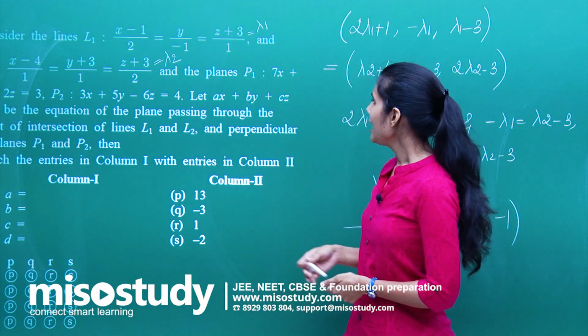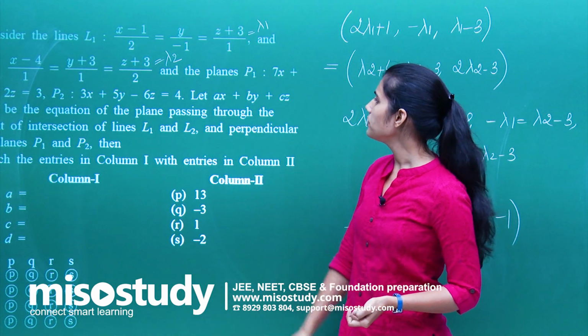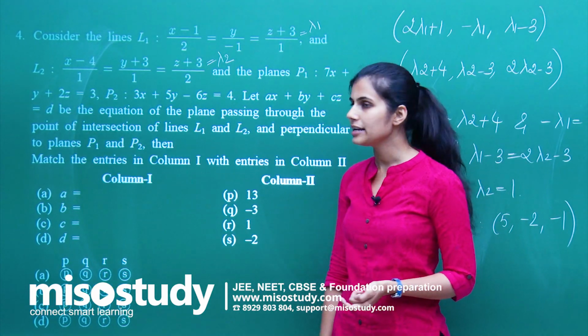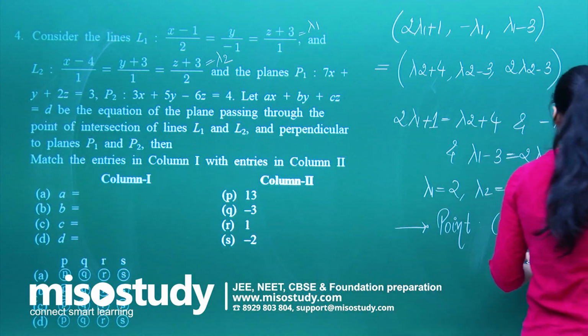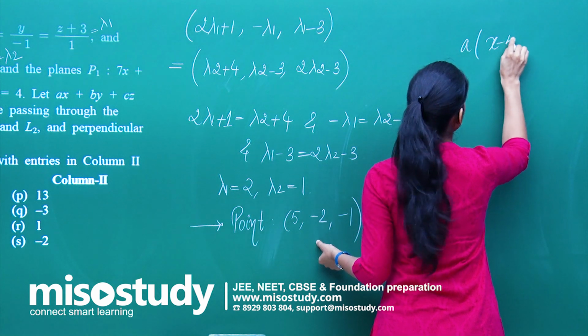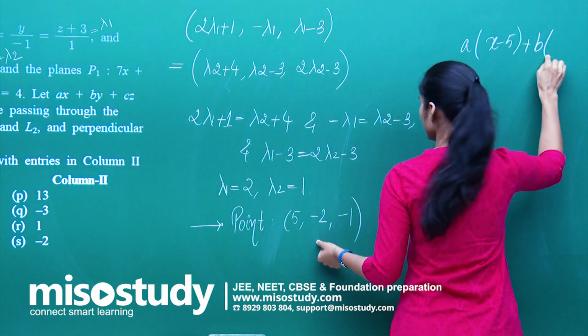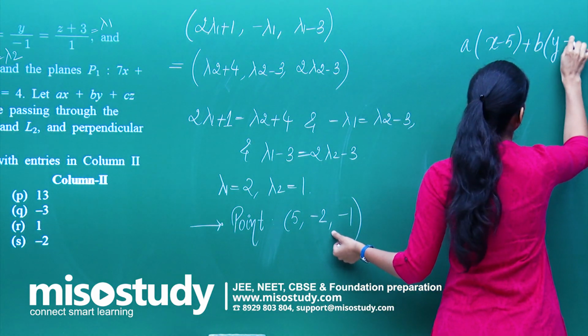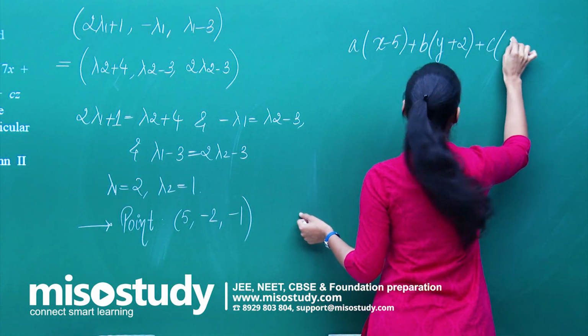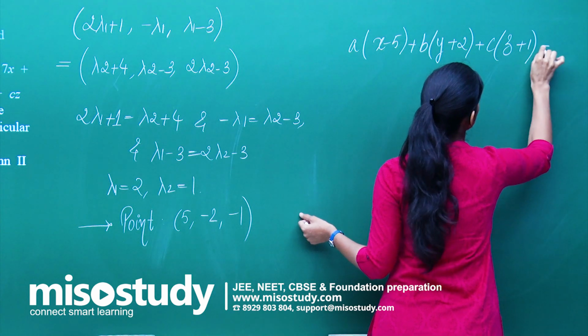Clear? I have, if this is the equation of the plane passing through this point and is perpendicular to the two planes P1 and P2. Now see, my plane is passing through this point, so its equation is A x minus 5 plus B y minus minus 2, which is y plus 2, plus C z minus minus 1, which is z plus 1 equals 0.